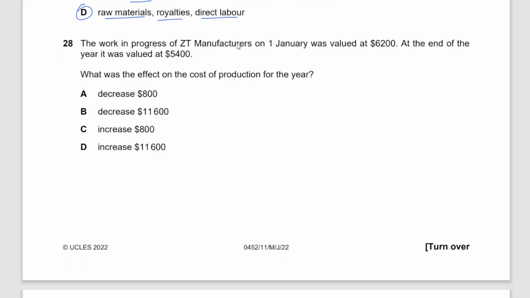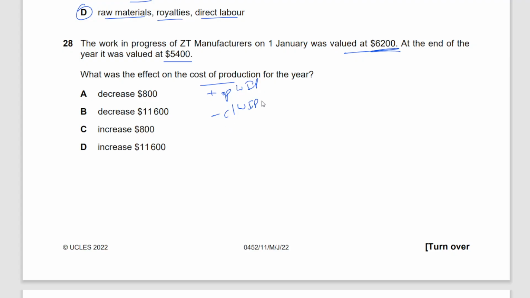Number 28. The work in progress of ZT manufacturers on 1st January was valued at 6,200. At the end of the year, it was valued at 5,400. What was the effect on the cost of production? The cost of production, we add opening and we subtract closing. You know that, right? Work in progress. So overall, the opening which is added is more than the closing which is subtracted.